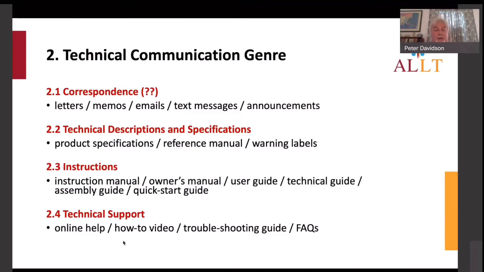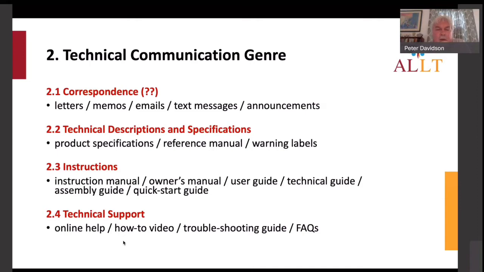However, 2.2 is. This is where we start getting into the genre for sure. Technical descriptions and specifications. So these are things like product specifications, reference manuals. When you buy your new BMW and it comes with a big thick manual, that's technical writing. When you buy your new iPhone and it comes with a manual, that's a reference manual, and also warning labels as well.